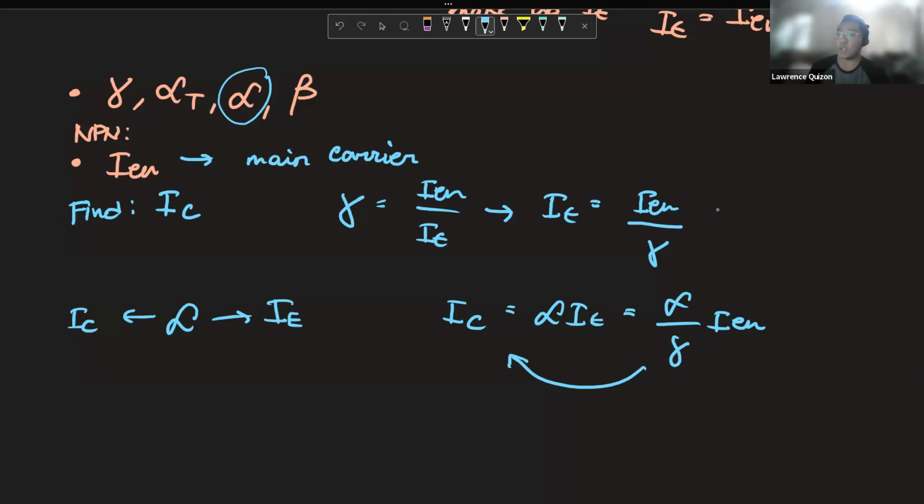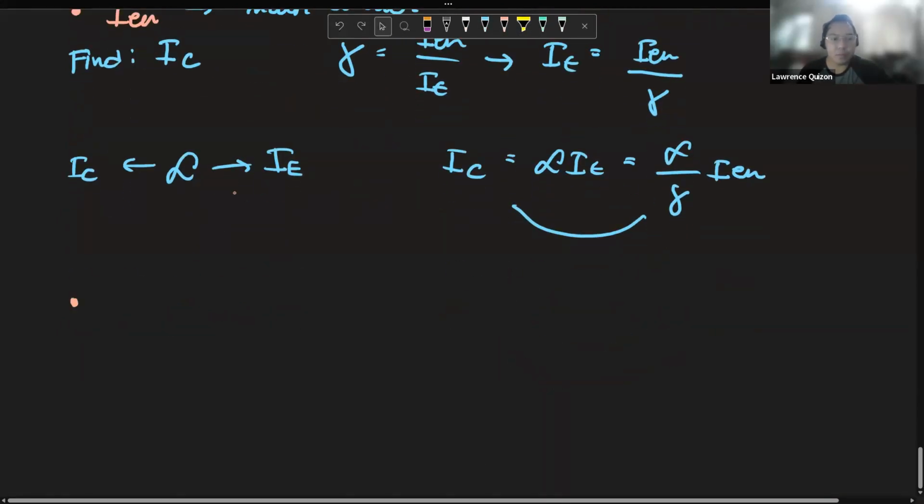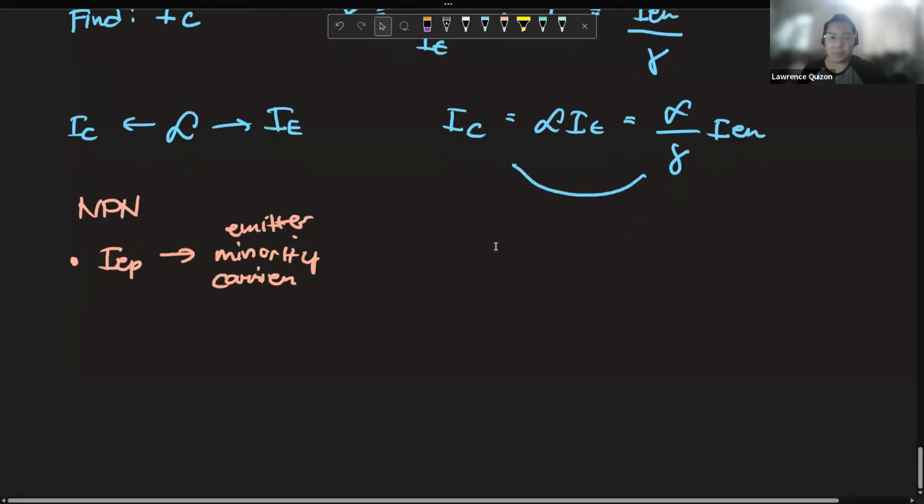So that's one example. Paano pala kung IEP yung given sa atin, for an NPN BJT? This is the minority carrier for the emitter, so it's not explicitly present in any of our equations, right?